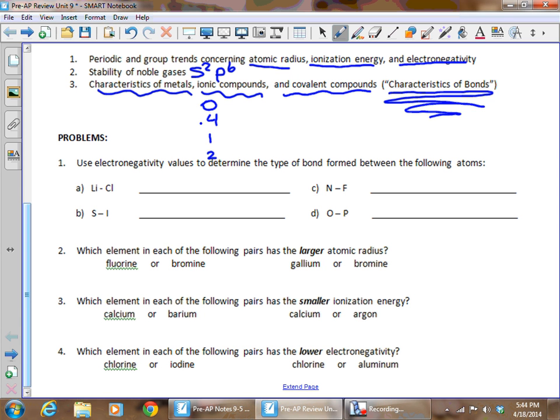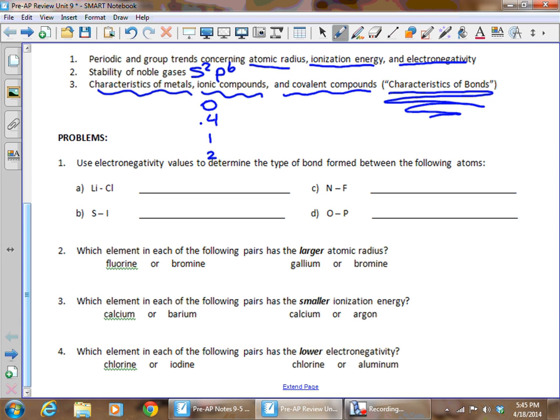From 0.4 to 0.99 is moderately polar covalent. If you go from 1 to 1.99, you've got highly polar covalent, and anything from 2 on up is ionic. They don't form covalent bonds. The electrons are completely ripped away. So go back to notes 9-5 if you don't remember how to do this, and look at how it's done.